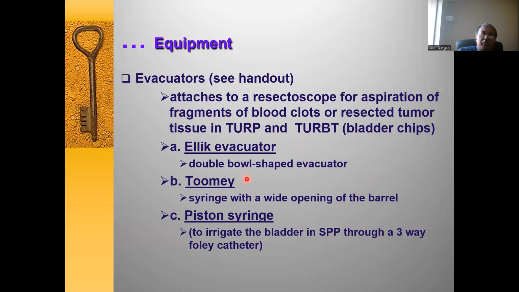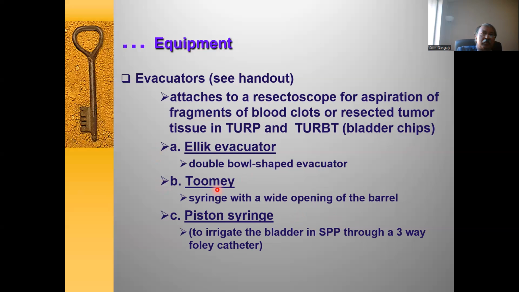This is just a syringe, but it's got a wide opening, a very, very wide barrel syringe. We have a piston syringe, where this piston syringe can be hooked up to a Foley catheter and evacuate these resected tumor or bladder clots.